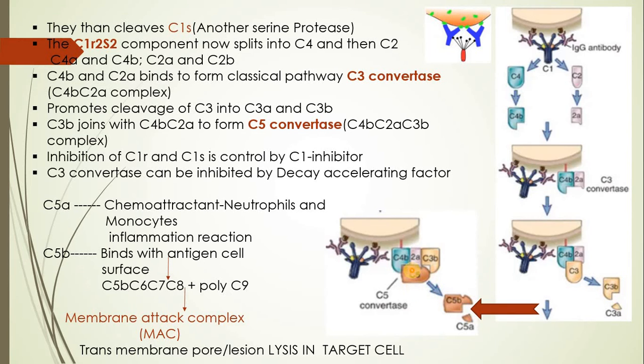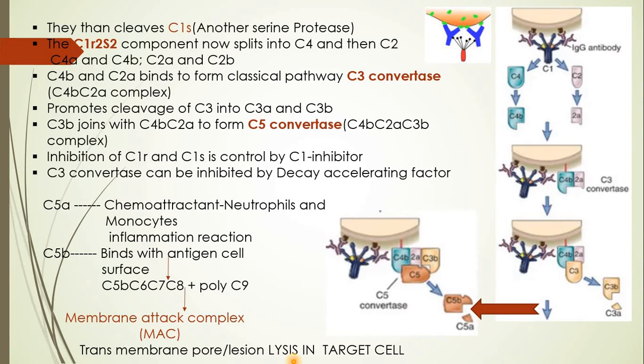Therefore, now this will attract a large number of molecules like C6, C7, C8, and these all help in binding themselves to the antigen-infected cells. And later this complex will attract a large number of C9, which results in formation of the membrane attack complex, and this membrane attack complex will bring about lesions or formation of pores, which is responsible for the lysis of the targeted cell, right?